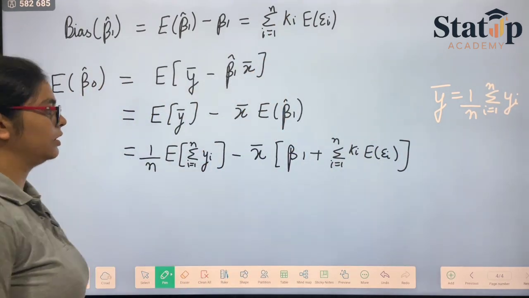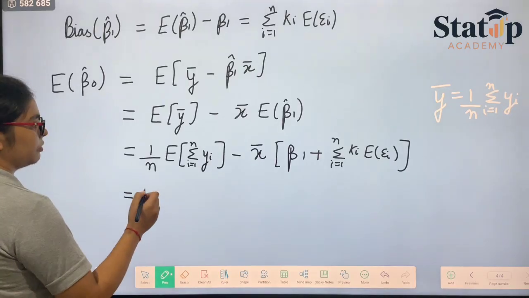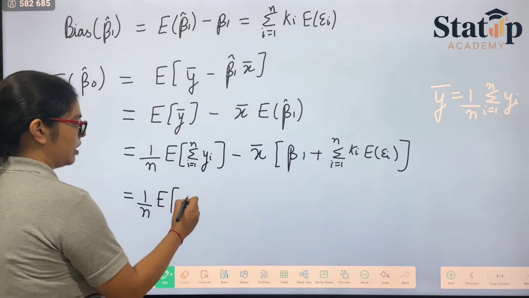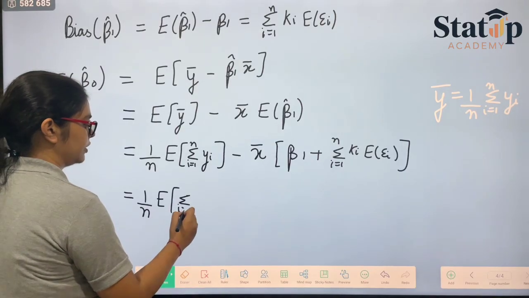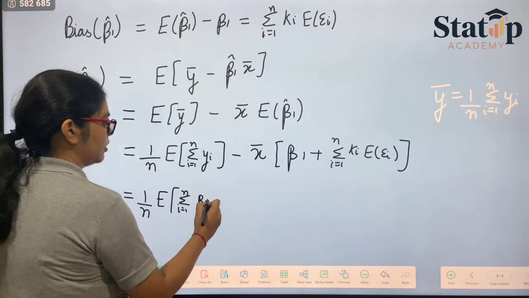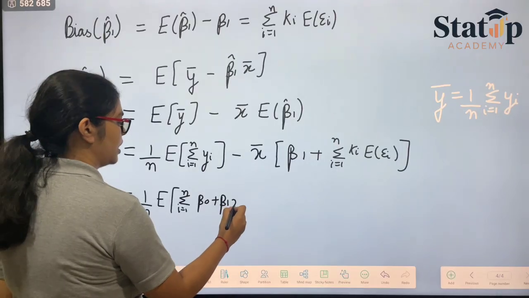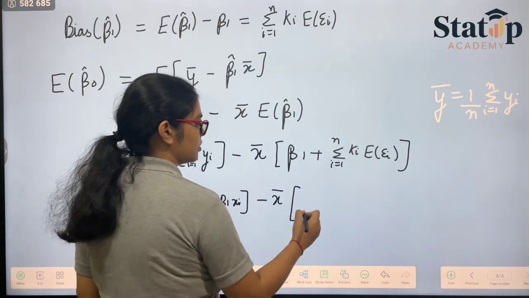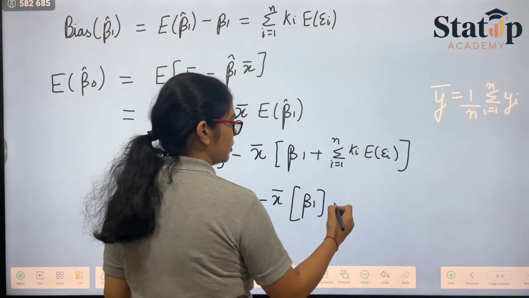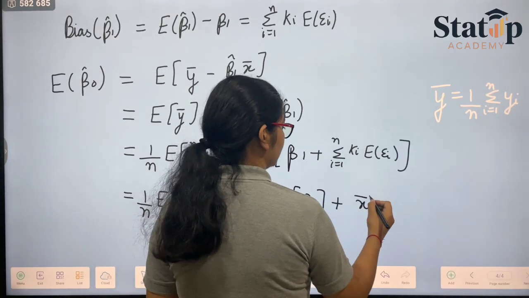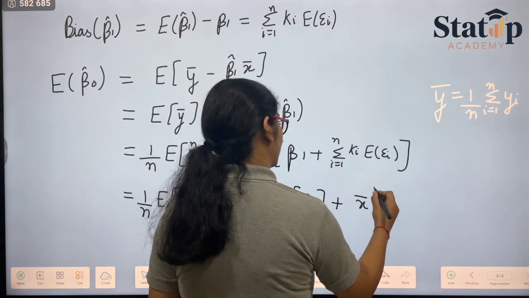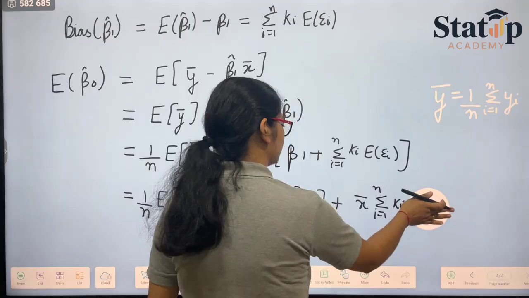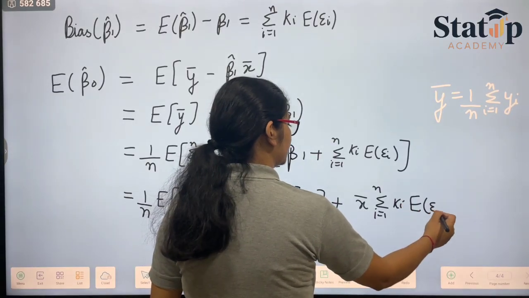From here we have taken this. Now solving this further, 1 upon n expectation of summation i goes from 1 to n beta naught plus beta 1 xi minus x bar beta 1 plus x bar summation i goes from 1 to n ki expectation of epsilon i.